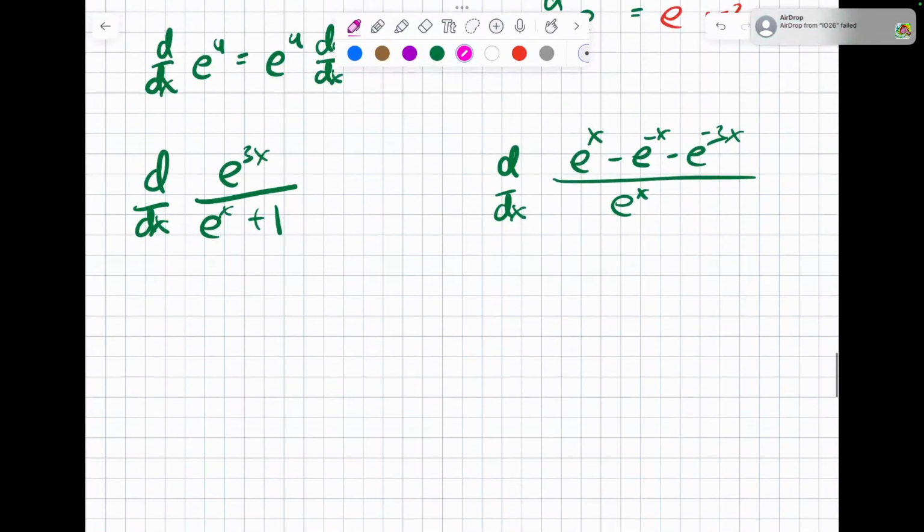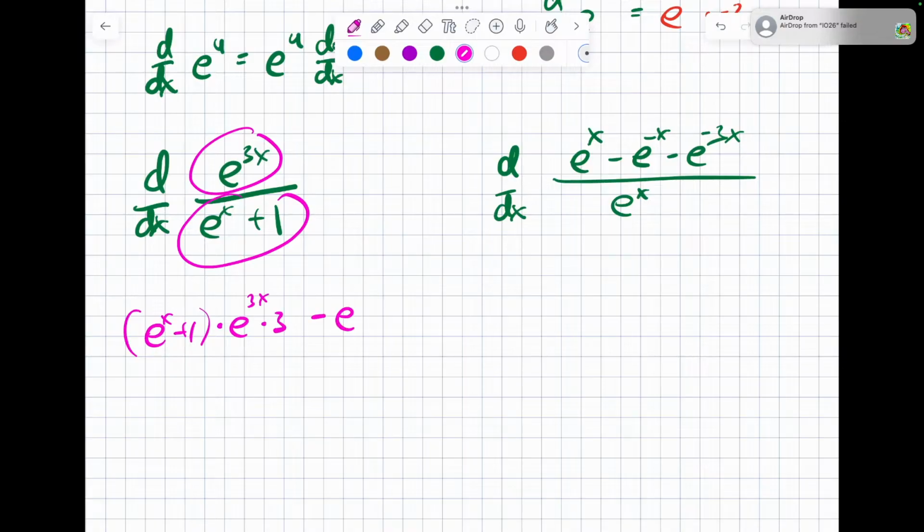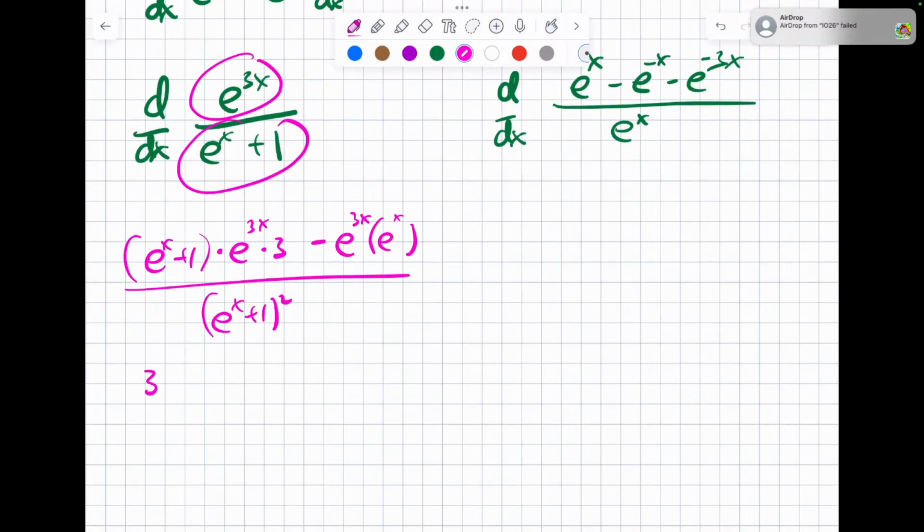This one is gonna be low D high, so this is a low D high, but this is e to the 3x times 3 minus high D low, which is e to the x over e to the x plus 1 squared. So this means 3e to the 4x. Does that make sense? Because e to the 3x times e to the x is e to the 4x, plus 3e to the 3x minus e to the 4x over e to the x plus 1 squared.